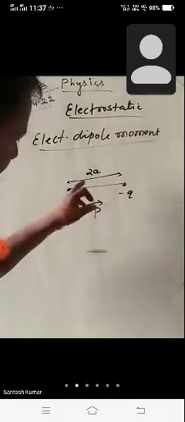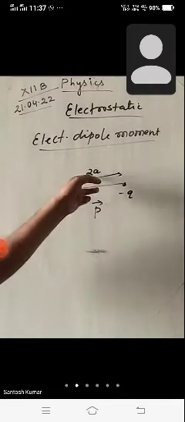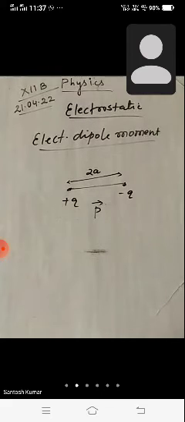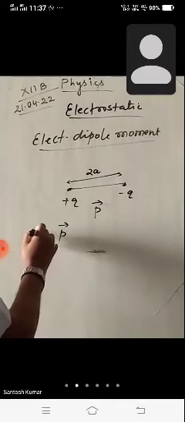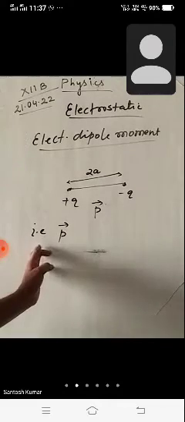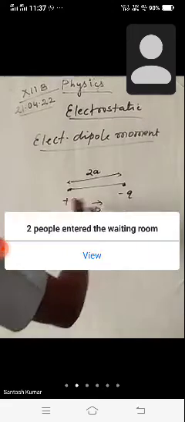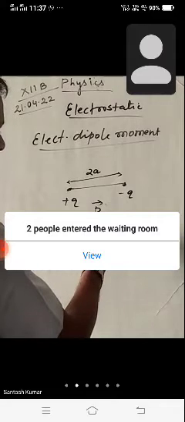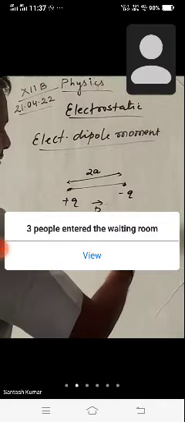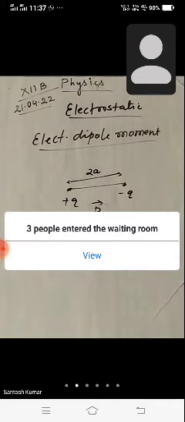Generally we have always taken the distance as r or x, but this time we are taking it as 2a. Then what will be the value of the dipole moment? After writing the definition, we can represent P as the product of the magnitude of either charge, Q, into 2a, that is 2aQ.